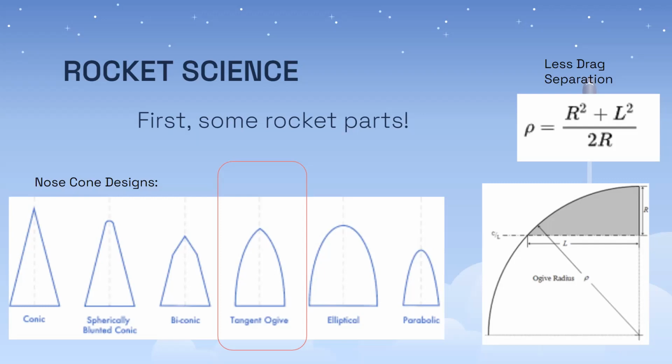That equation you see on your screen there is the equation for generating the curve for the tangent ogive cone. So that is the curve running from the vertex of the shape to its base. And so it's a function of the cone's radius and its length.